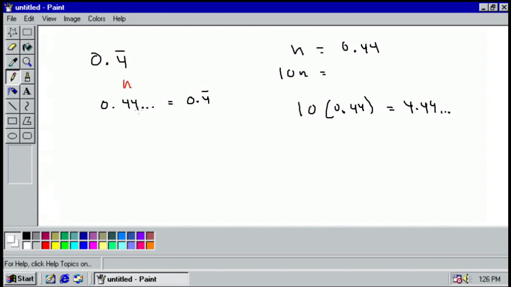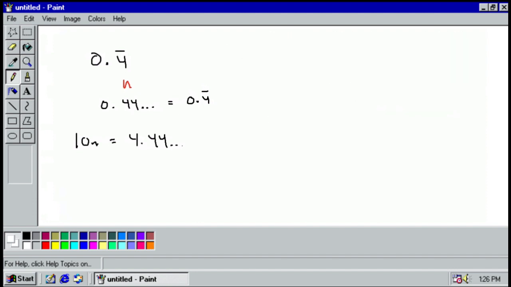Let's have another equation here. I have 10n is equal to 4.44 repeated. It's quite challenging.